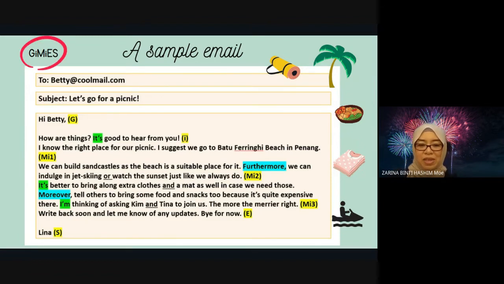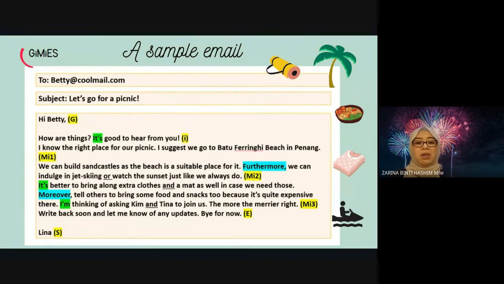Nampak tak? Ni yang kita panggil sebagai friendly tone ni. Macam kita selalu cakap dengan kawan-kawan, kita selalu go and eat out together outside. Tu macam kita nak jadikan dia macam tone yang to a friend lah. Friendly tone. So that answering question number 2. Activities. So, MI2. Main ideas 2.